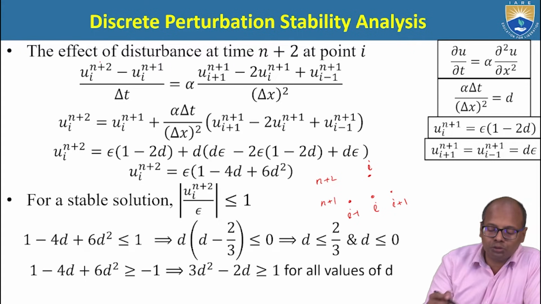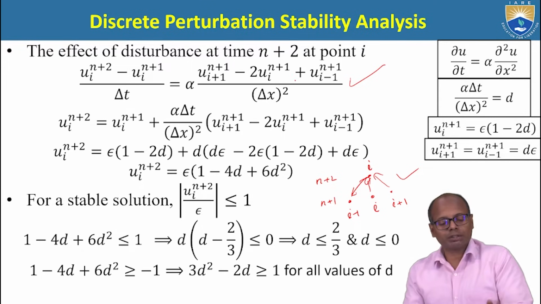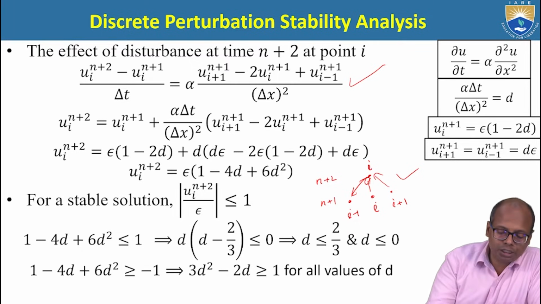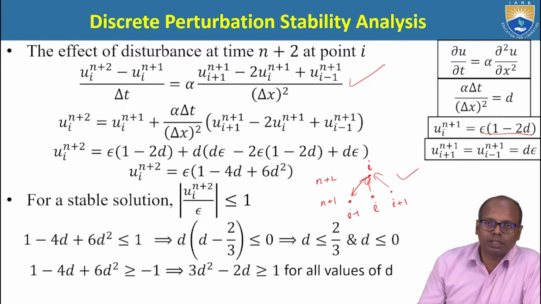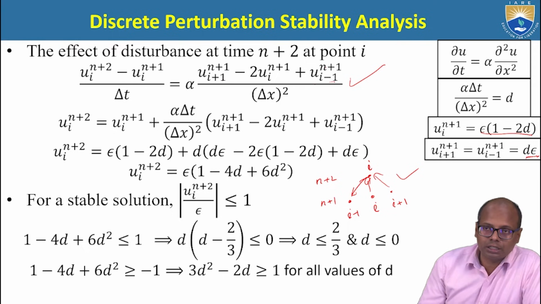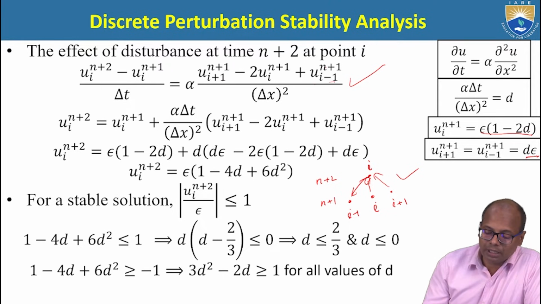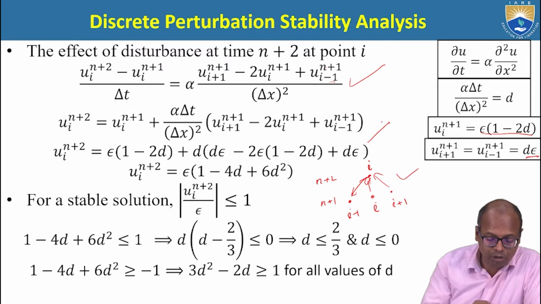So if I use the FTCS for these nodes, it will be like this. Now in this equation, we know what is u_i^(n+1). u_i^(n+1) is equal to epsilon into 1 minus 2d. And I know what is u_(i+1)^(n+1), it is d epsilon. u_(i-1)^(n+1) is also known, that is d into epsilon. So if I substitute all these values into this equation, what will I get?